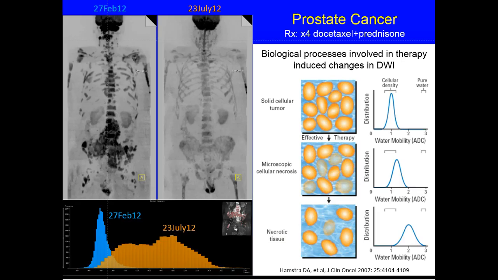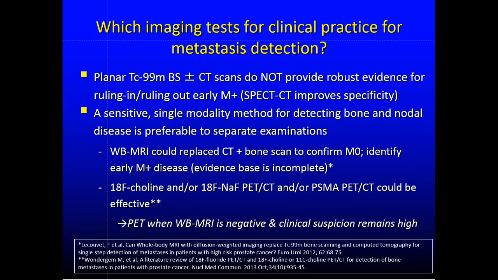So, what should you be doing in the clinic? Well, in the clinic, for metastasis detection, we are convinced that bone scans and CT scans do not provide robust enough evidence for ruling in and ruling out disease, despite the fact that the guidelines say that this is what you should be doing. We are not convinced.